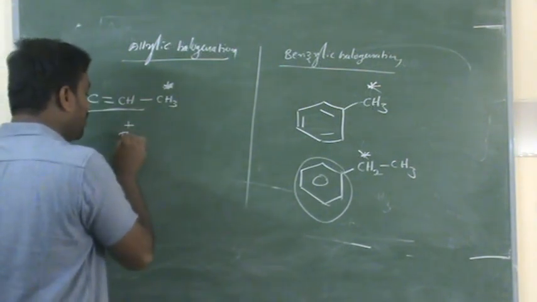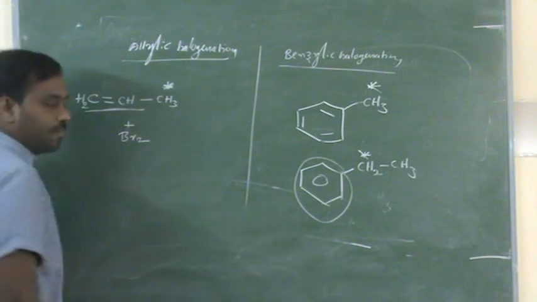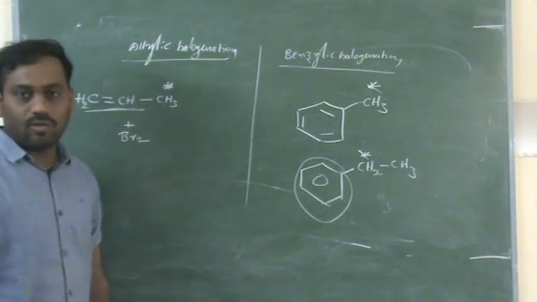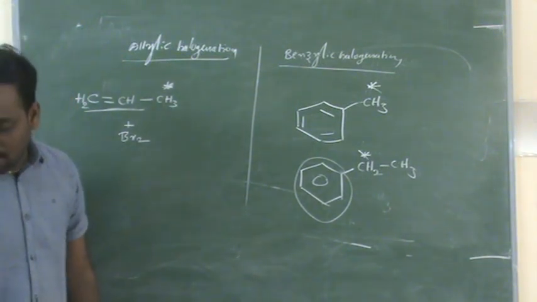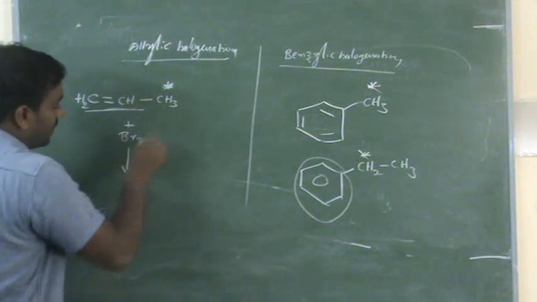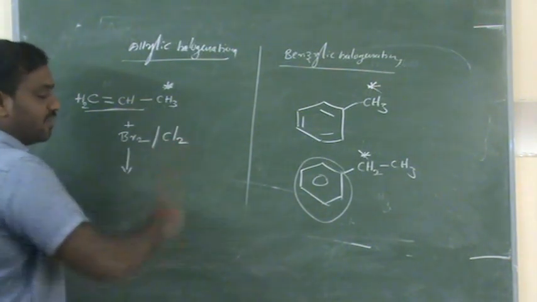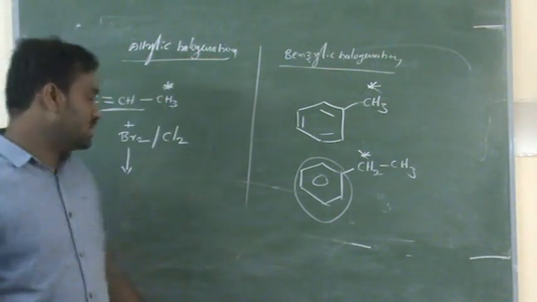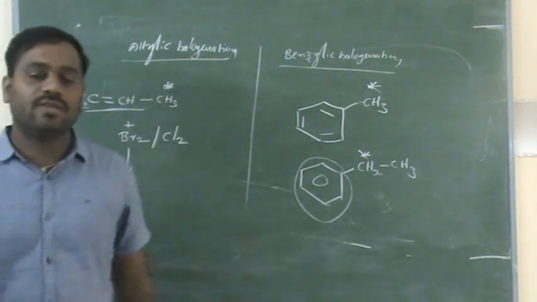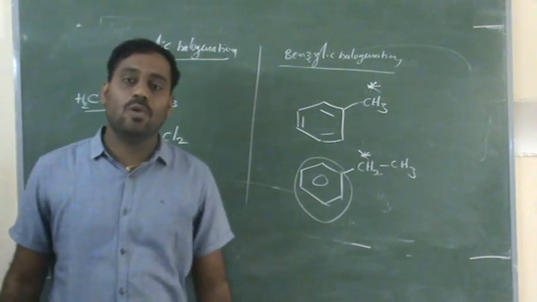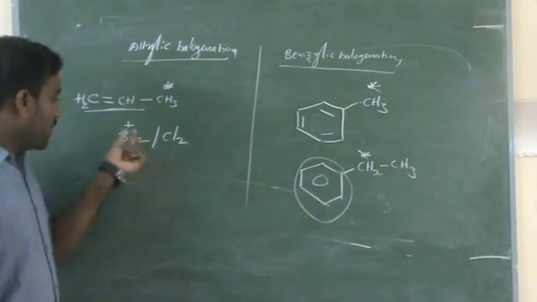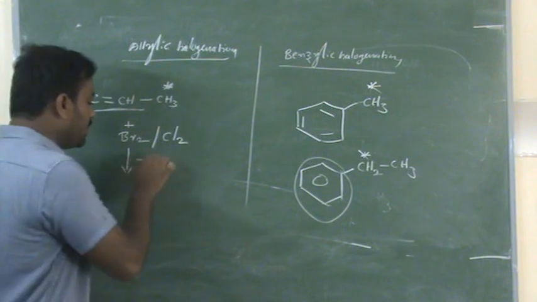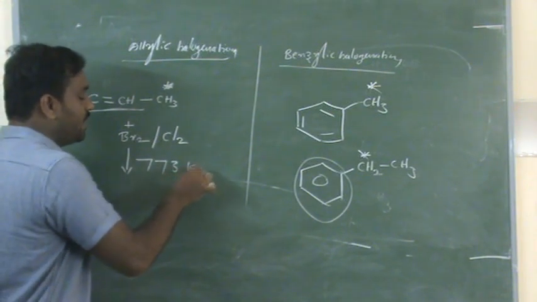Suppose this molecule reacts with Br2. You can add either Br or Cl. With Br2, it is called allylic bromination. If you use Cl2, it is called allylic chlorination. You can use either Br2 or Cl2 at a temperature of 773 Kelvin.